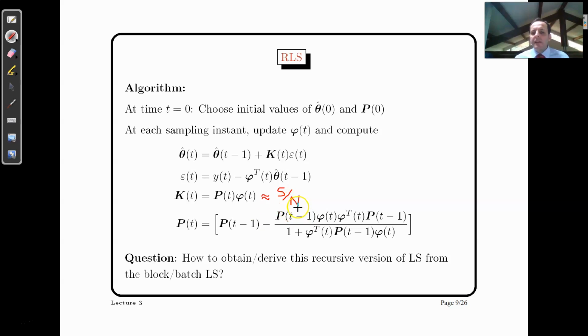So it means that if the noise is very high, as you can see here, where S is the power of the input signal and N is the power of the noise, the value of K is reduced. If the information you are using for updating your parameters is not very accurate, it's better not to do anything.